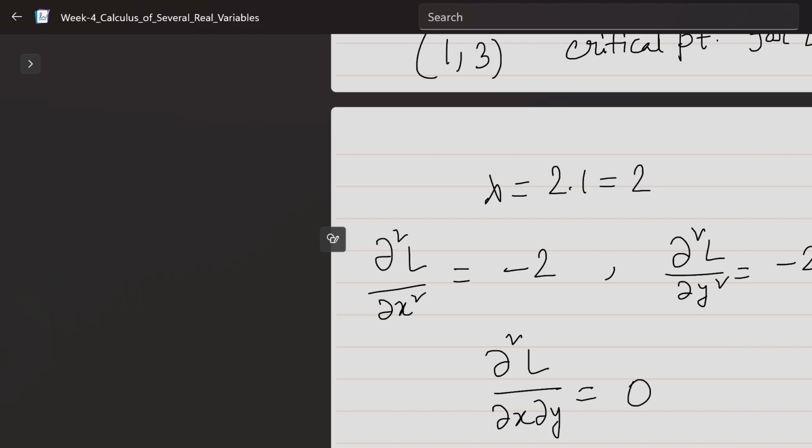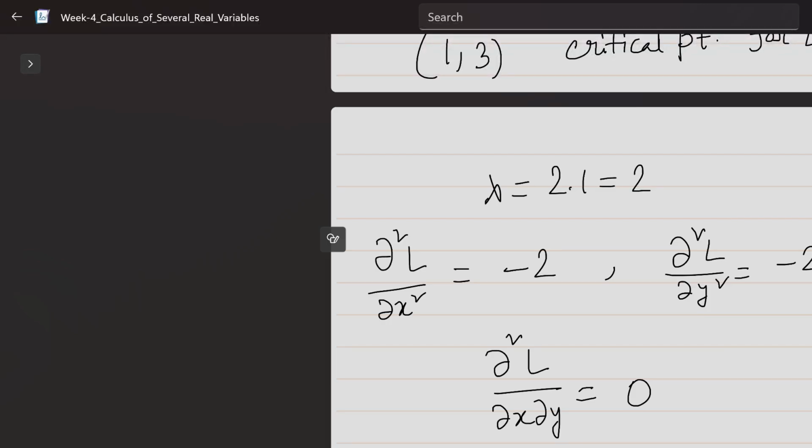Okay, any question on Lagrange multiplier? You understand why I did this L? Because I have to find on some line g, and as you see this g, I am writing f plus lambda into this thing, which is equal to 0, right?